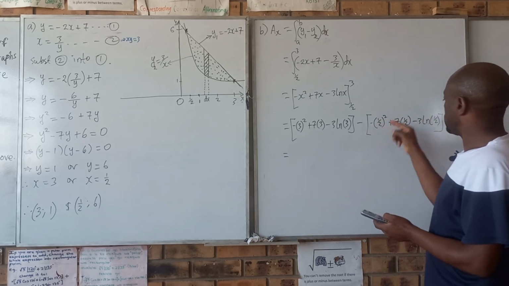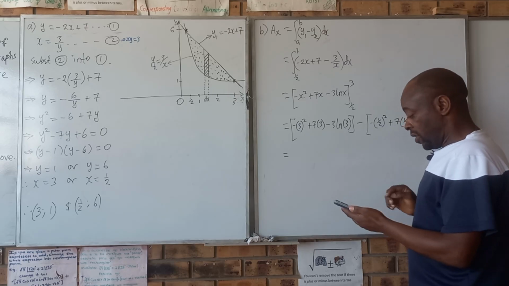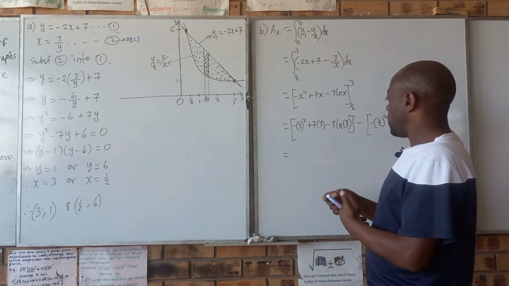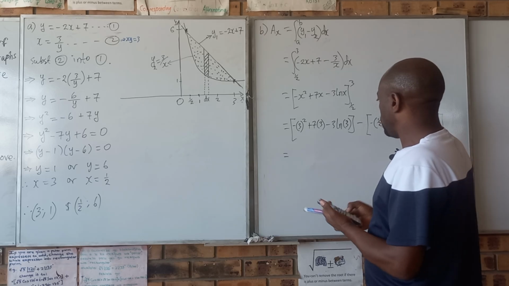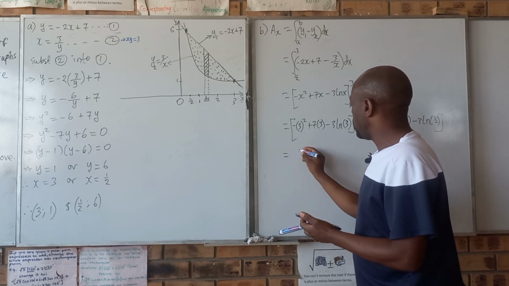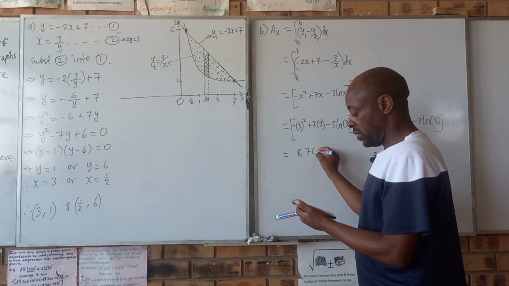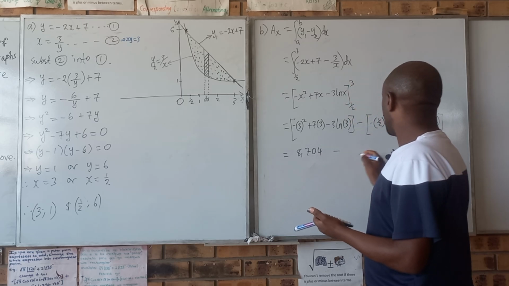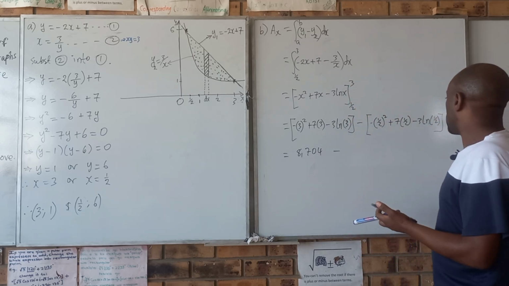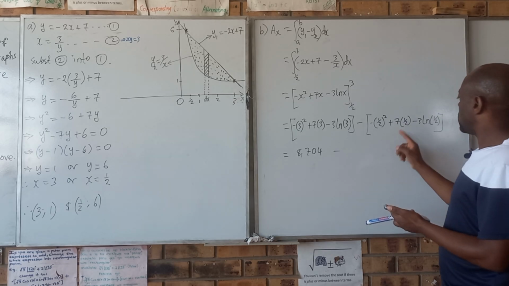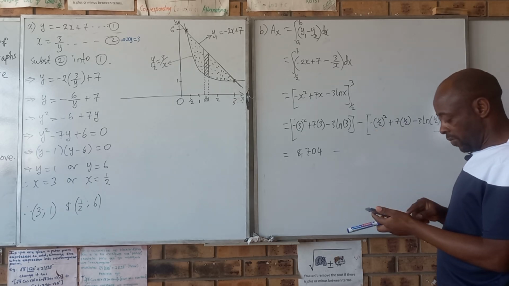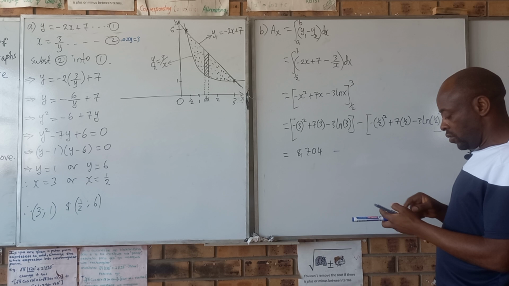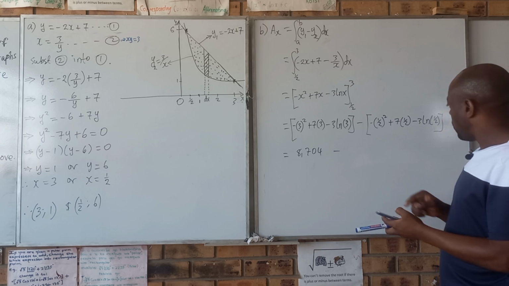Then the next side. For the first bracket, let's sort this one out first so that we don't get confused. The first bracket I'm seeing 8,704 minus, and then sort out the second one. I'm getting 7 on 2 minus 1 on 4.